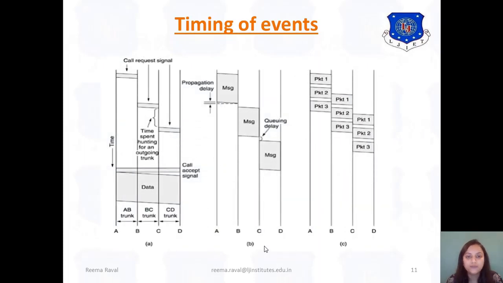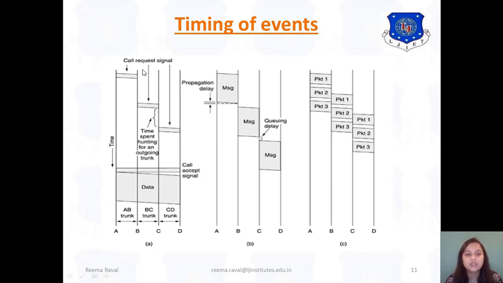Here, figure A indicates circuit switching, figure B indicates message switching, and figure C indicates packet switching. Let us consider the first, the circuit switching system. Here, first the call request signal is made through all the channels. Here A-B, B-C and C-D are the trunks or channels available.